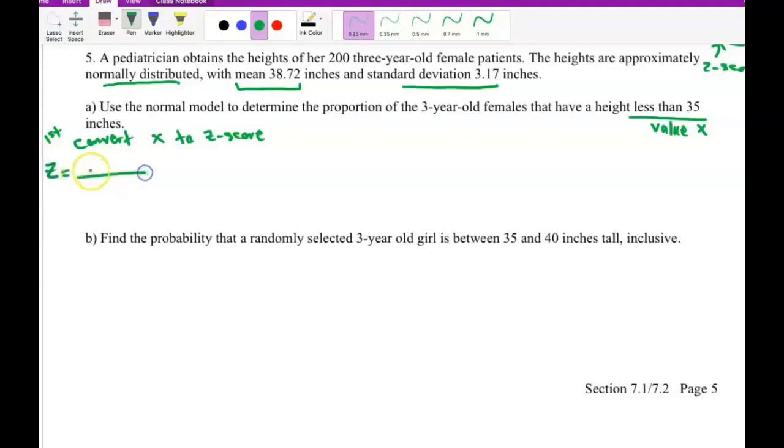Z is equal to x, or our value, minus the mean, divided by the standard deviation. So our x is 35 minus the mean 38.72, divided by the standard deviation 3.17. That is equal to negative 1.17.